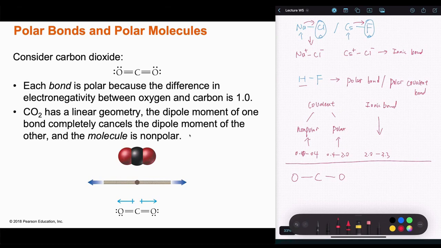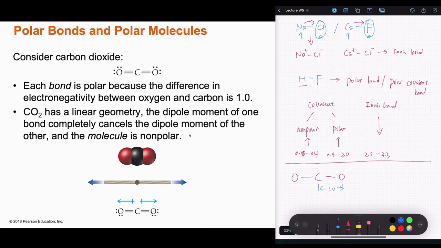We know that carbon and oxygen are different types of elements, and their electronegativity difference is, sorry, 1.0, which means this carbon-oxygen bond is definitely a polar bond.